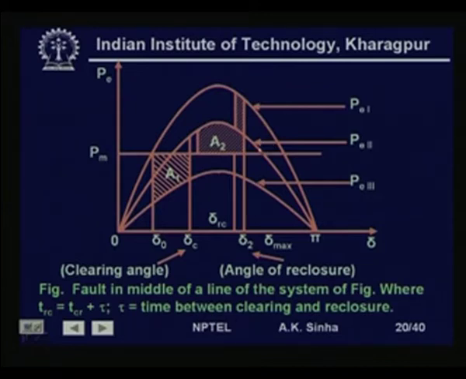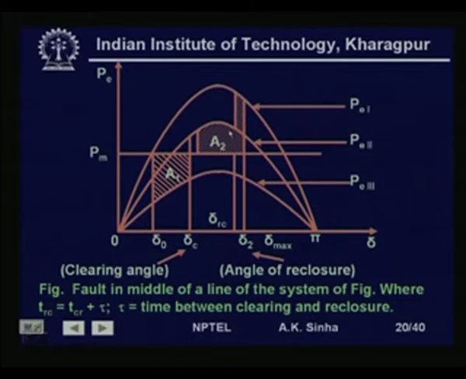Now, in this situation, if the fault was a transient fault, then the decelerating area available will be much larger. It will be like this area which will be available, because now the operating point will be on this characteristic. But in case the fault was a persistent fault, then from this point the operating point will suddenly drop to this point, rather than going up, and we will have more acceleration available, and the system may become unstable in such situations.